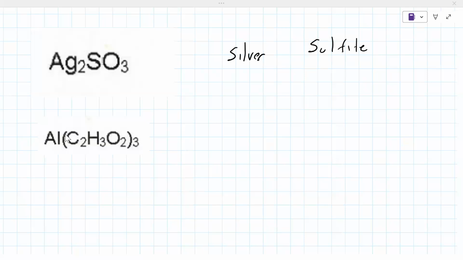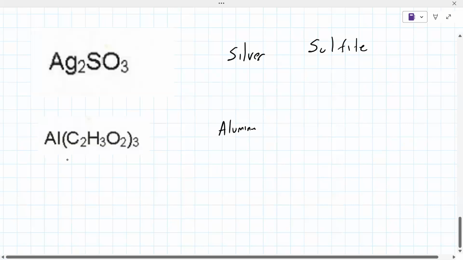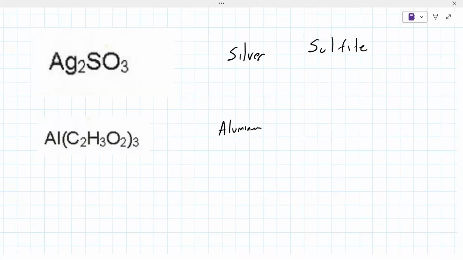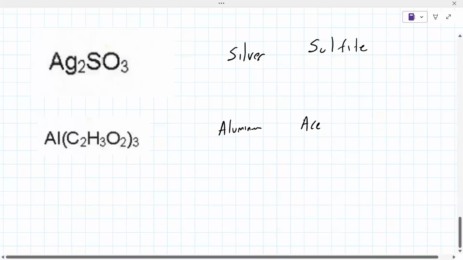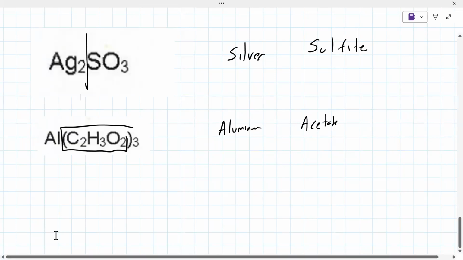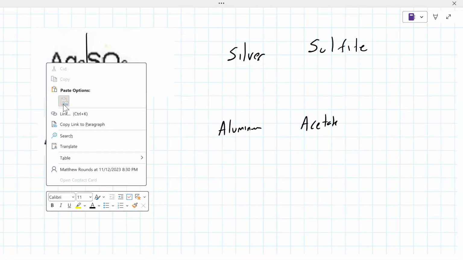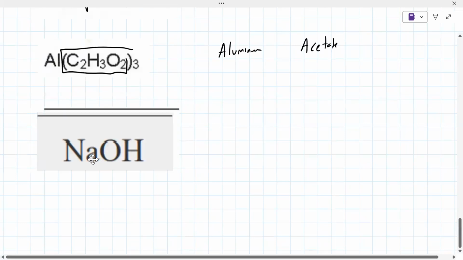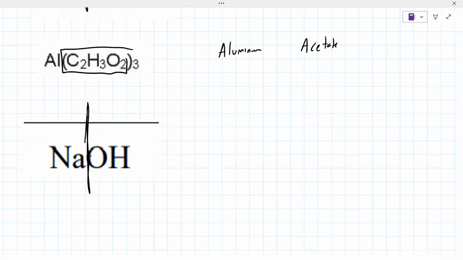What is Al? Let's start with the easy one. Aluminum. Okay, and this C2H3O2, is it in the one charge column? Oh, acetate? Yes. I thought you had to break it up. I'm not doing that for you, but I guess I can here. That's part of it. So like NaOH breaks up right there.